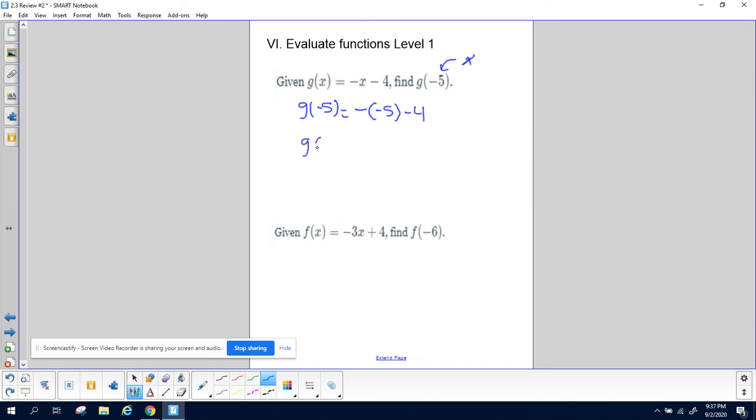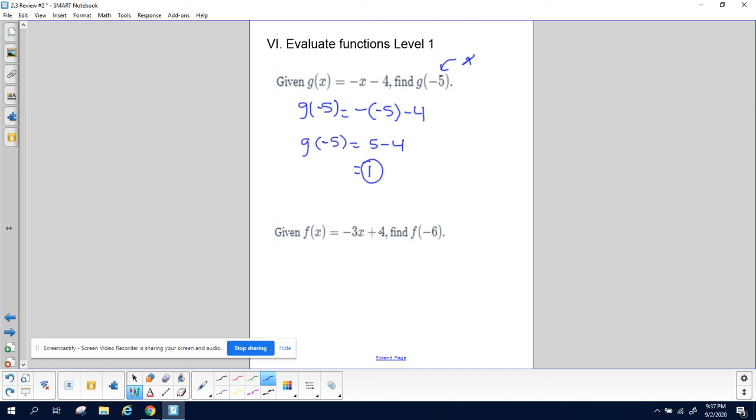To evaluate g of negative 5, the opposite of negative 5, positive 5 minus 4, g of negative 5 is 1. I'm pretty sure in Delta Math, you just write the 1 and push submit.